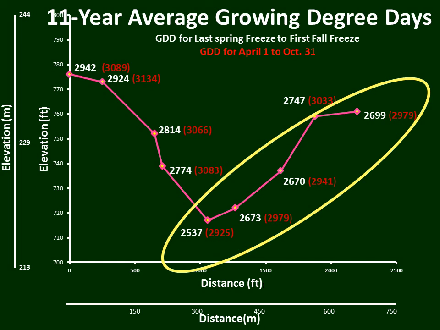Once again, remember that this is actually an air importing site, and here we are on the north facing slope, and here we are in the valley bottom, and all of those have much lower growing degree day accumulations from freeze to freeze than the more superior sites on the north side of the valley.